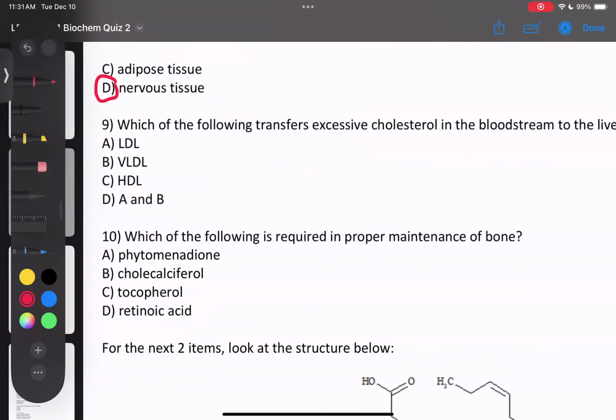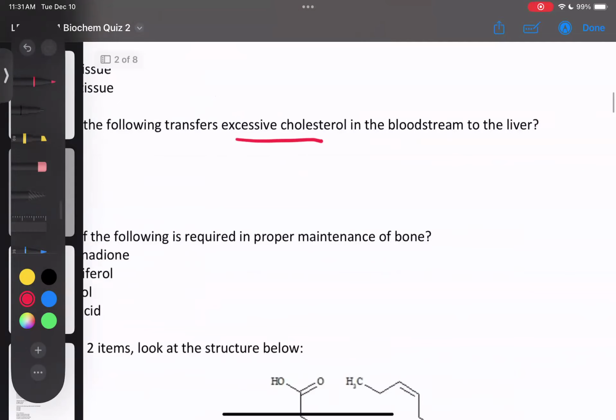Number 9. This one also, I hope, is going to be simple. If you have excessive cholesterol, taking it to the liver is a good thing, because if you allow the cholesterol to stay in the blood, that can cause heart disease. This is the type of lipid that stops that, because you take it to the liver before everything goes worse. So that's called good cholesterol.